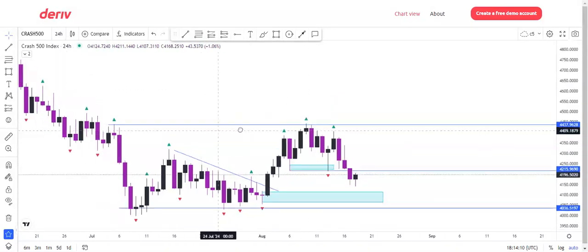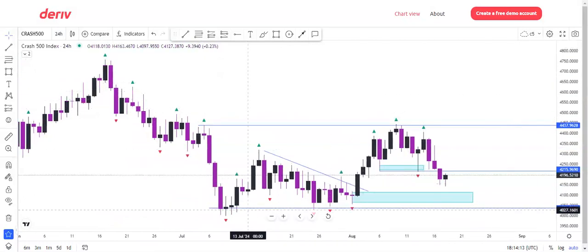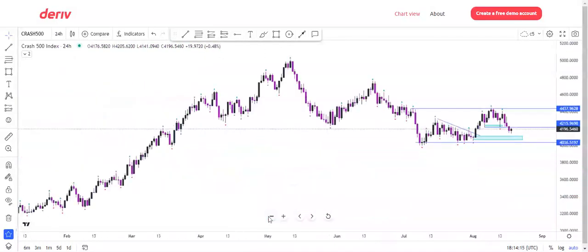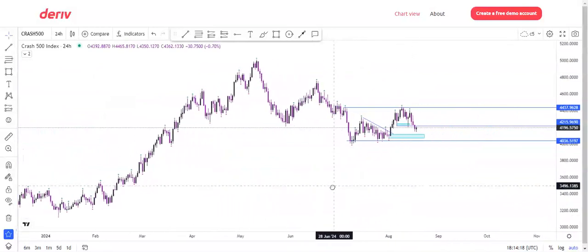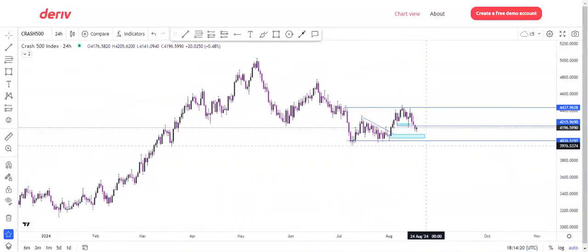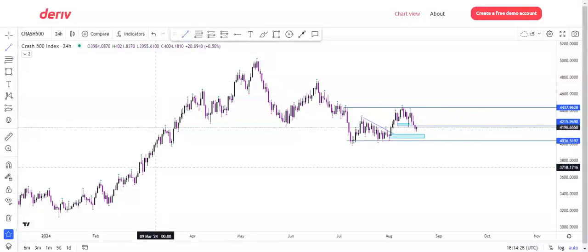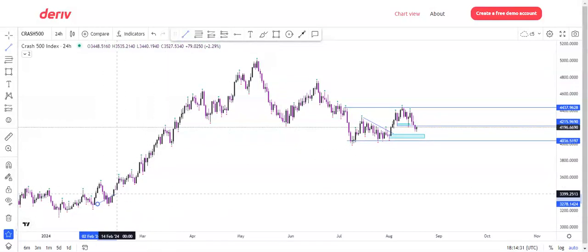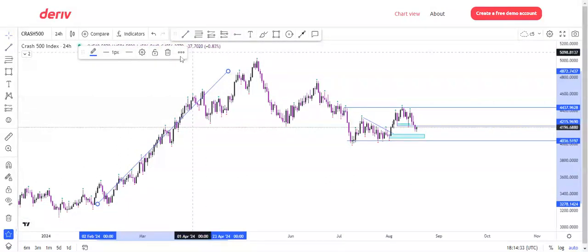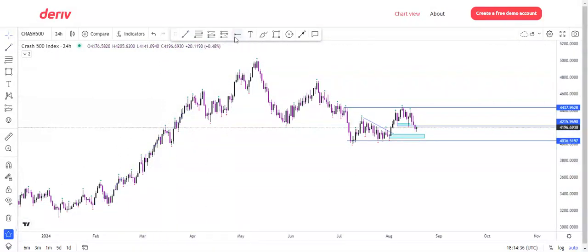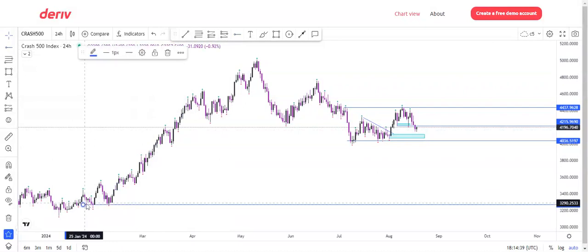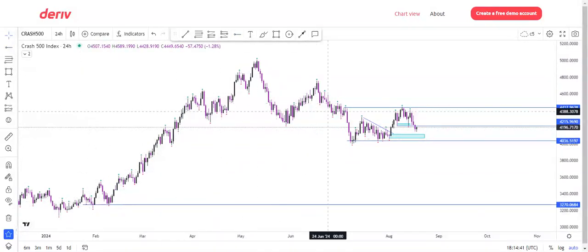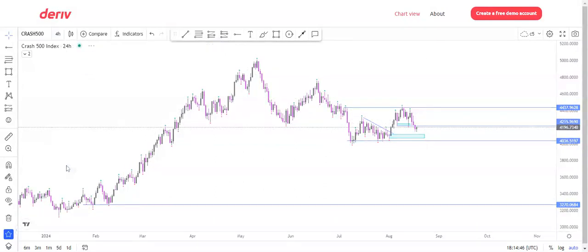And if that order block turns to be a breaker block, then this market will really sell, since we don't have the next POI. The next POI that can hold that market will be this one over here.